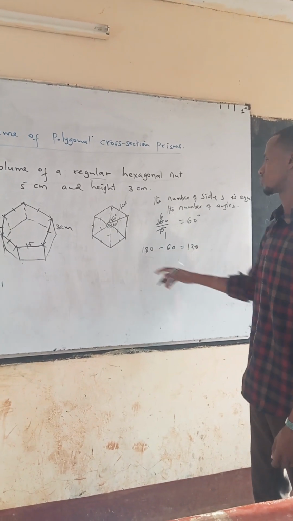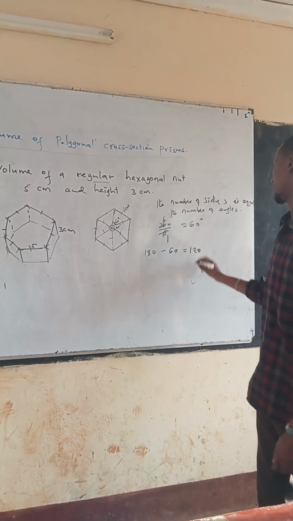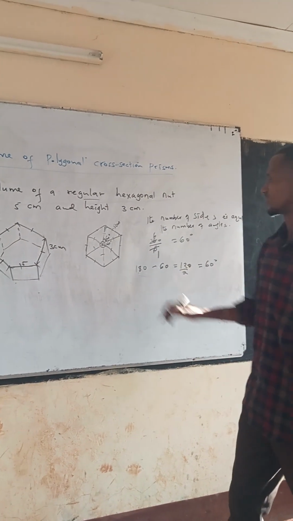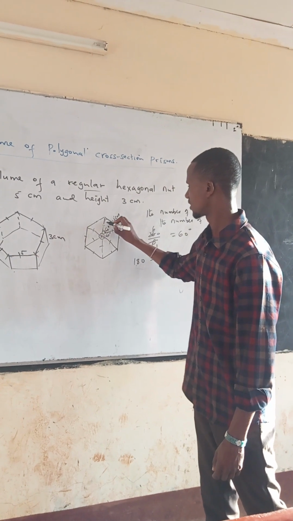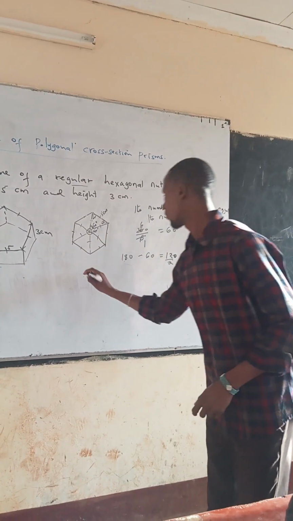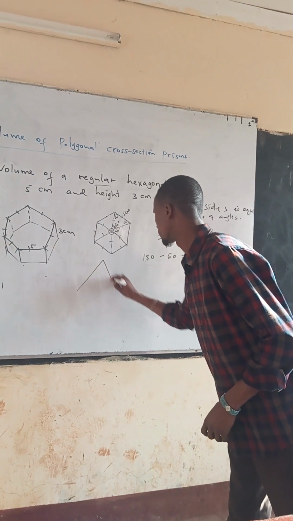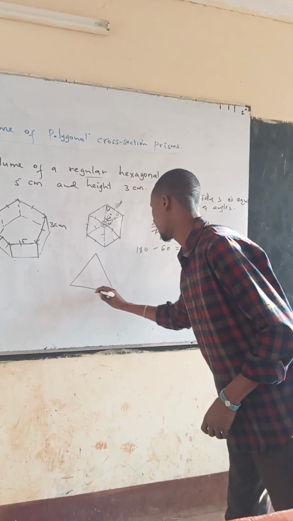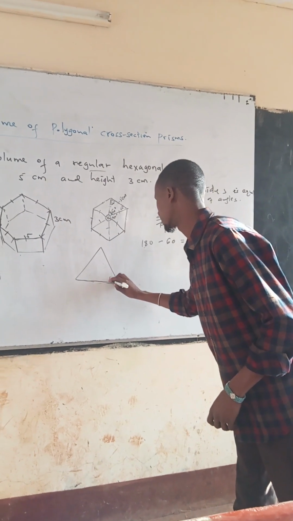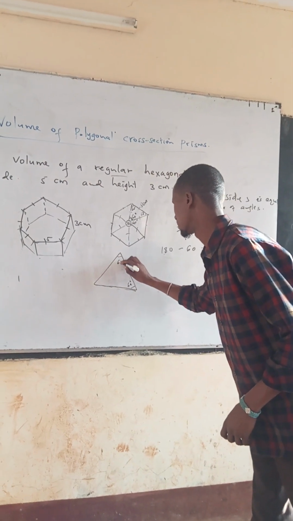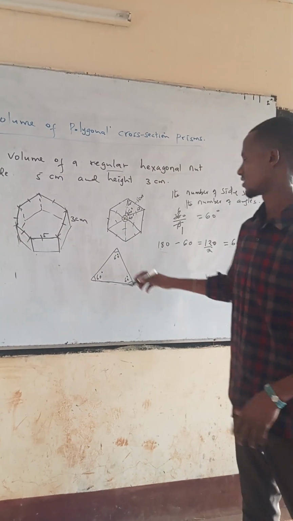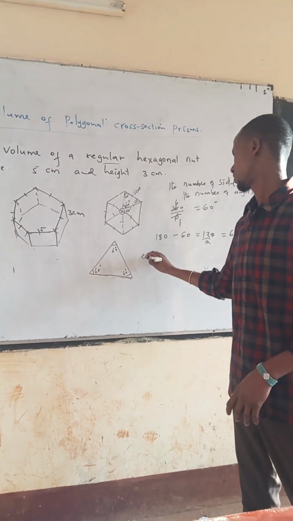And because we have two base angles, each is 60. So this one here is 60 degrees, and also this one is 60 degrees. So here is a triangle where all angles are equal, 60 degrees, 60 degrees, and 60 degrees. So it means that this is an equilateral triangle.